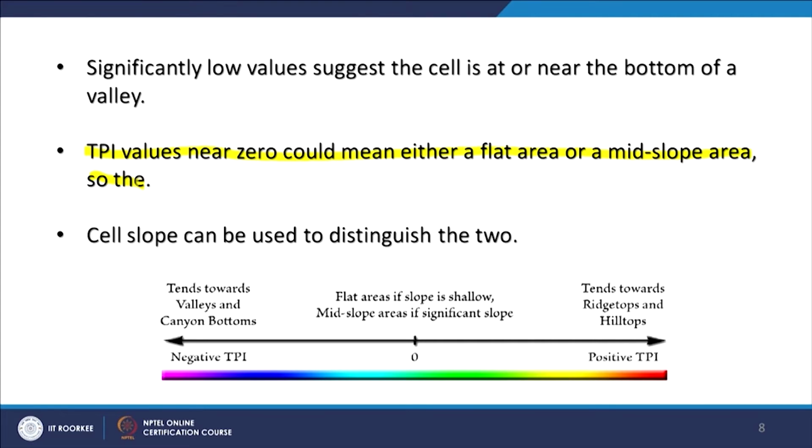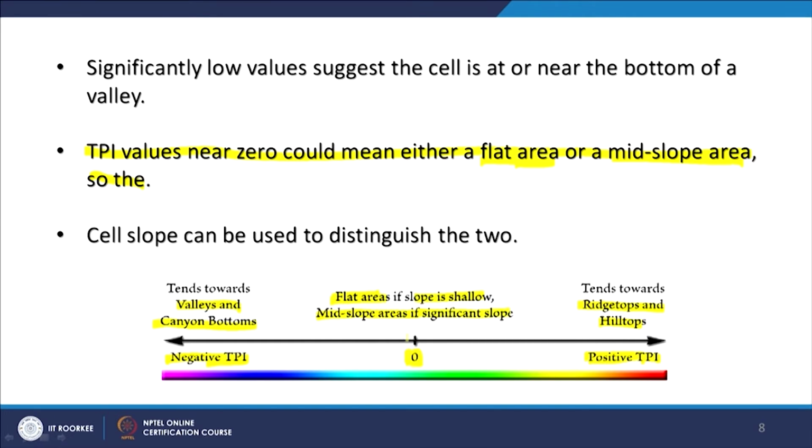If it is negative TPI, then it is either valleys or canyon bottoms. If it is positive TPI, it could be ridge tops or hilltops. But if the TPI value is 0, that means flat areas if the slope is shallow, and mid slope areas if a significant slope is there.